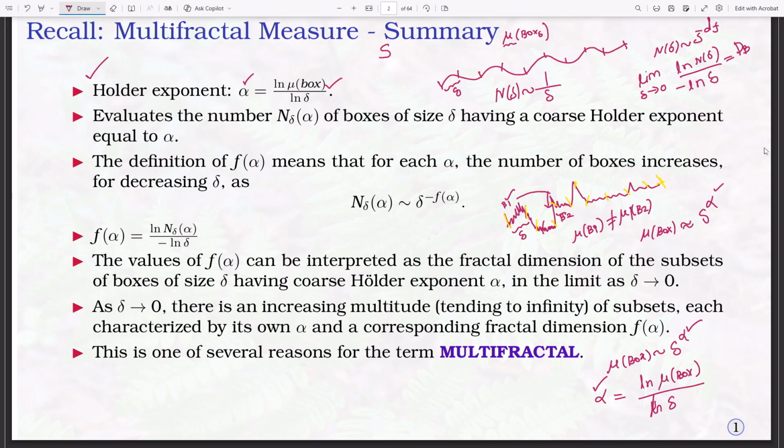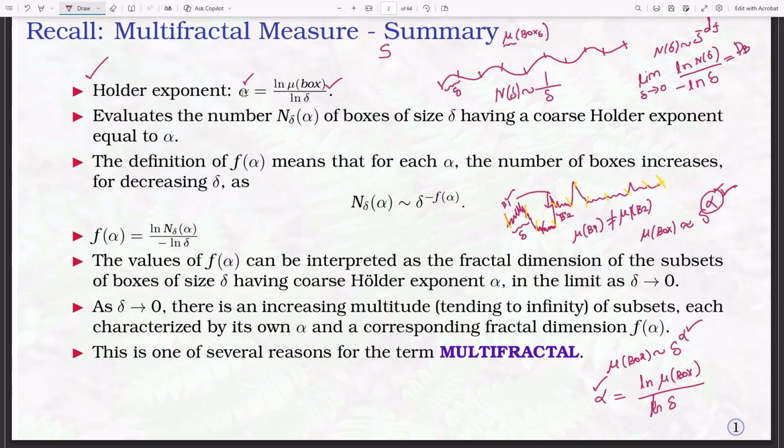When alpha is a larger value, because this delta tends to 0, this measure will decrease. That means this alpha controls the measure of the boxes. Therefore this alpha is called the singularity exponent of the measure mu. We can also call this alpha the singularity exponent of the measure mu of these boxes.